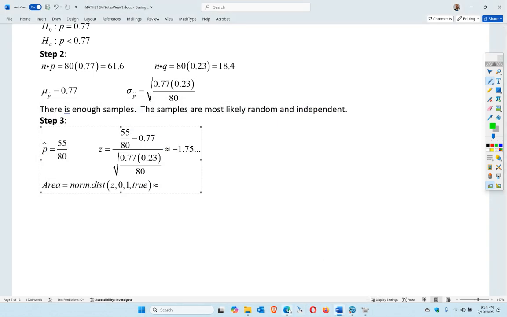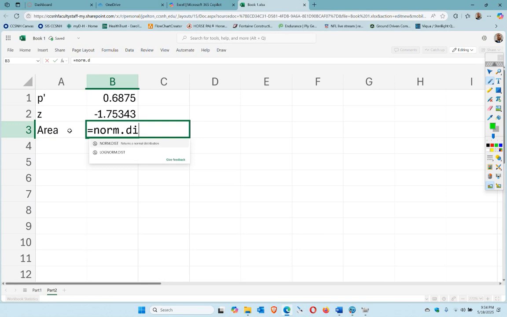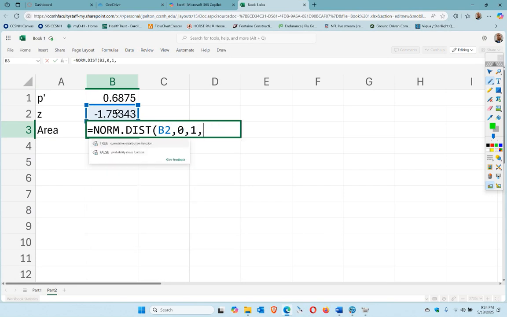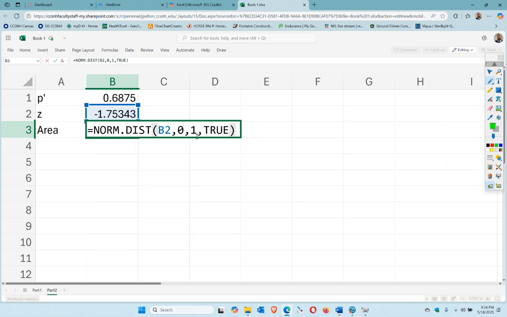Okay, so let's go back to the spreadsheet now. So the area equals the normal dot distribution. See how it pops up there too? The z value, comma 0, comma 1, comma, see how it says cumulative, right? Or not a mass function, but cumulative, which is true. So add up all the probabilities, and we get this basically.